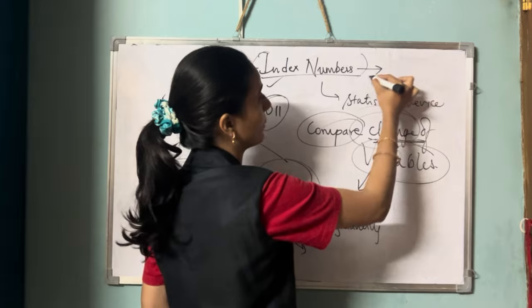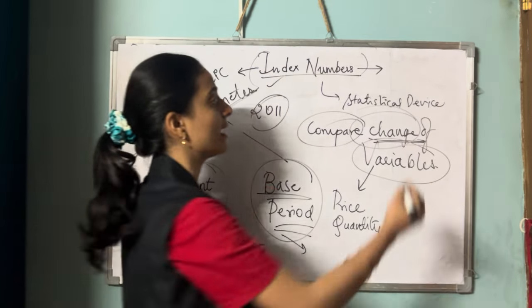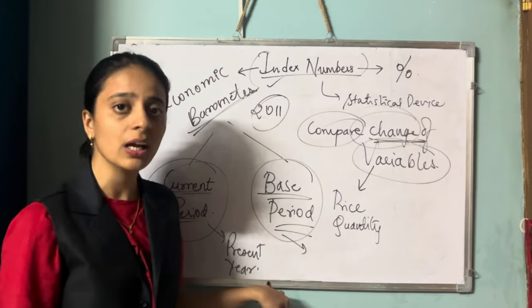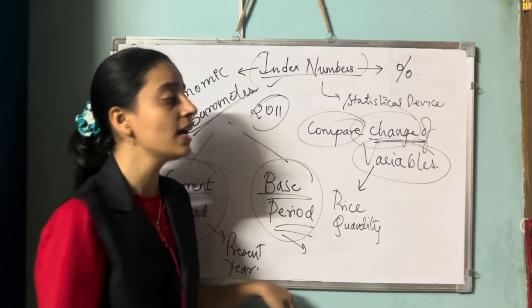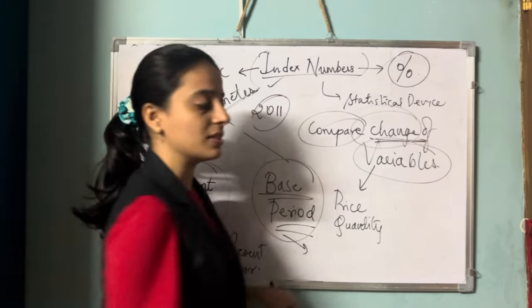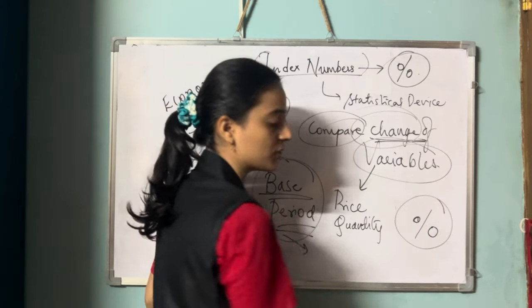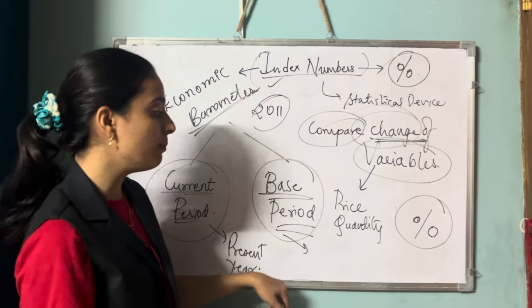And always remember, index number is given in percentage. Okay, the change is always denoted with the percentage. So the final answer should always be in percentages. So which are the important things here?